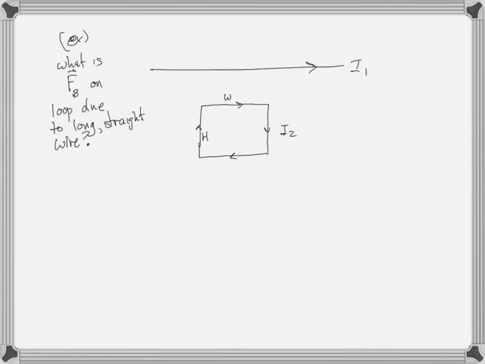In reality, what we are approximating with a single loop is a coil, right? A single loop from a coil, and we're just looking at one of those loops. Or it could just be something that looks like this. Those are the wires, and we're just interested in the loop.